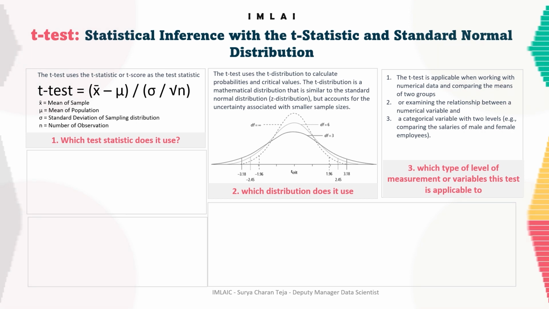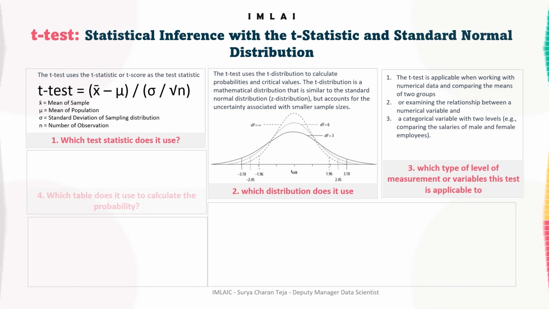And the third one, you can examine the relationship between a numerical variable and a categorical variable with two levels. Example, comparing the salaries of male and female employees. So these are the conditions where we can use the t-statistic or t-test.